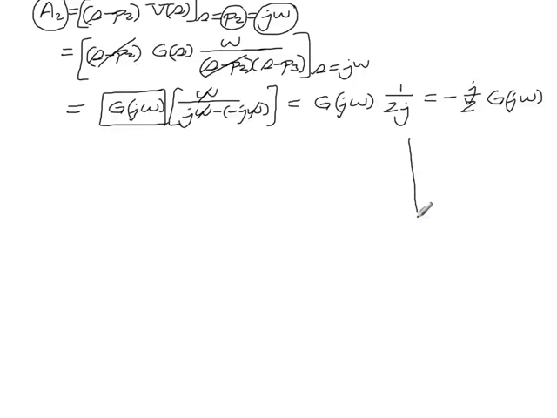What I'm going to do is recognize that our transfer function G(j omega), if we plot that out in the complex plane, we plot the real part, which I'll just call Gr, and the imaginary part Gi.